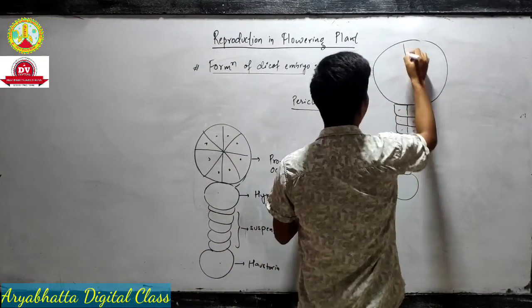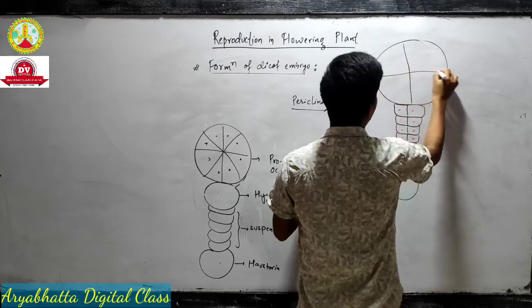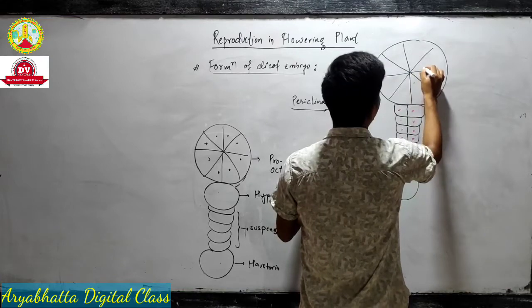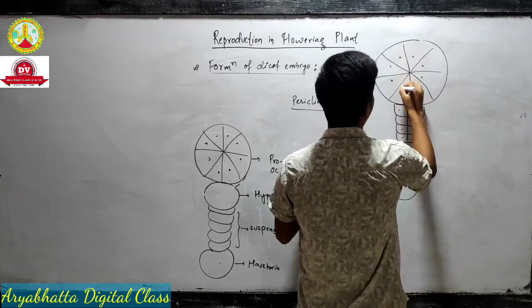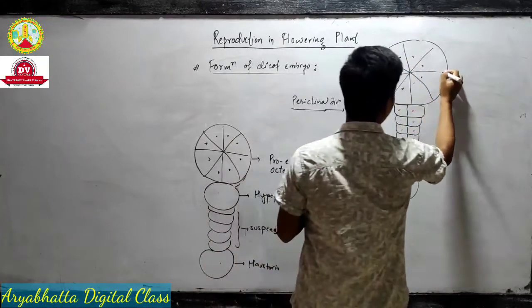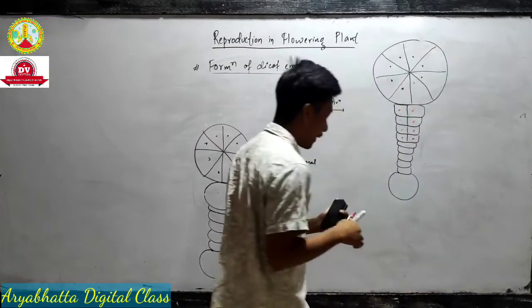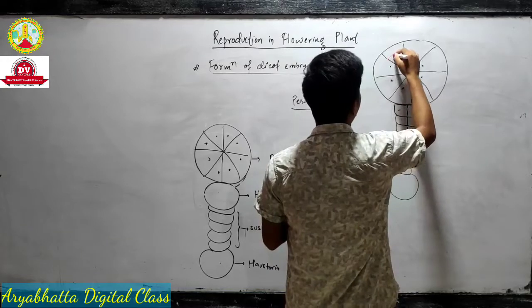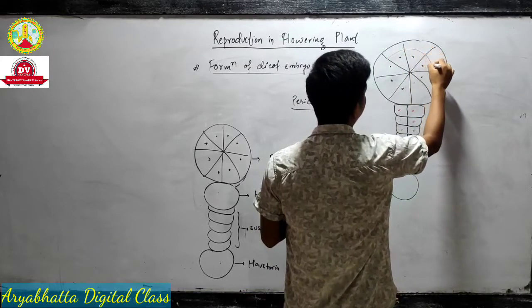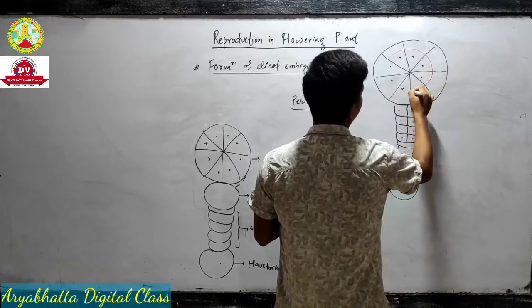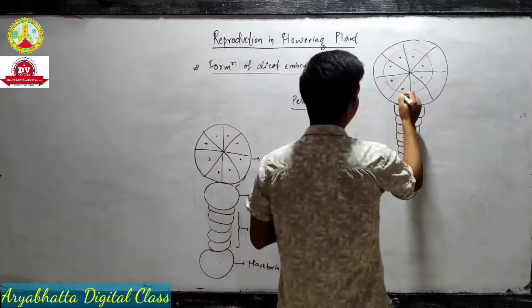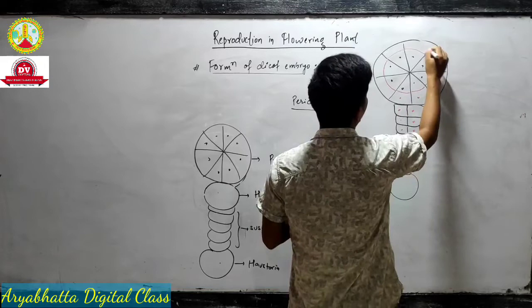We have 8 cells here: 1, 2, 3, 4, 5, 6, 7, 8. Now after periclinal division, a layer is formed between those cells.